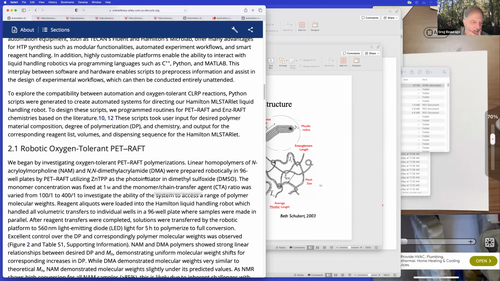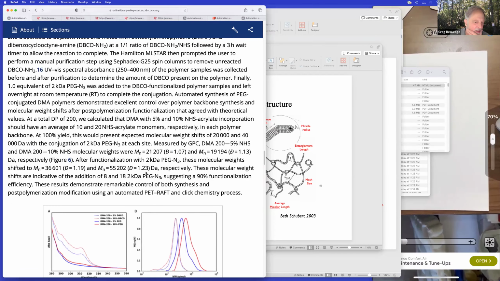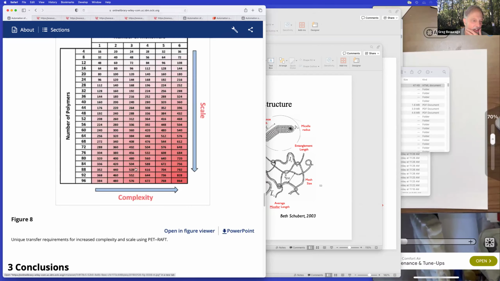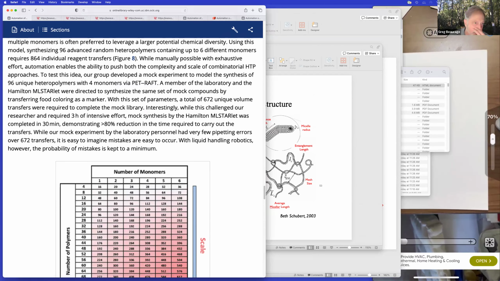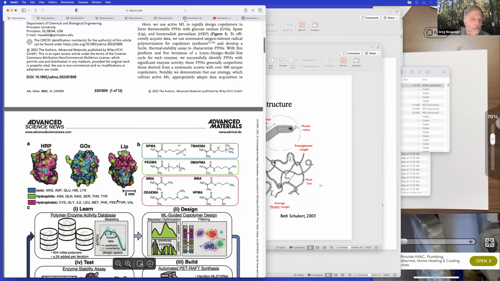So they end up making hundreds of different block copolymers, an array of a huge number of them, that they want to use to bind with active, native state proteins.